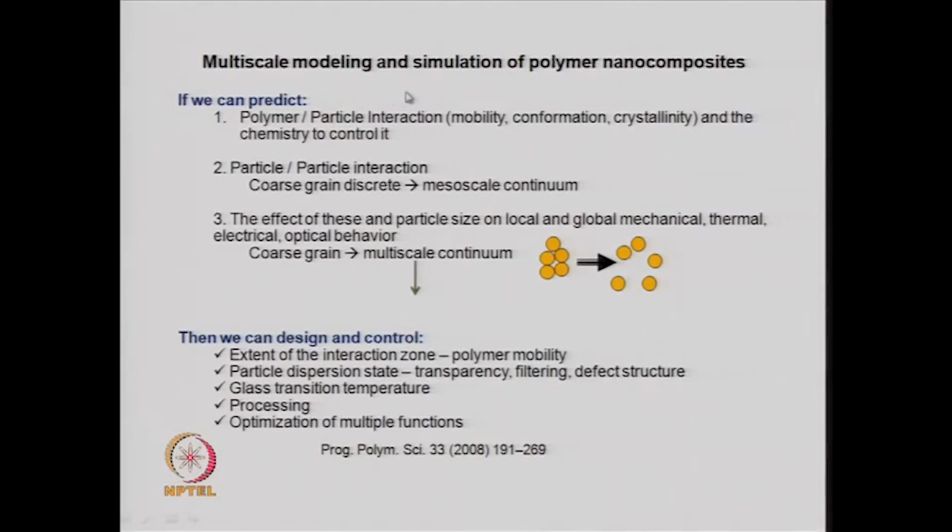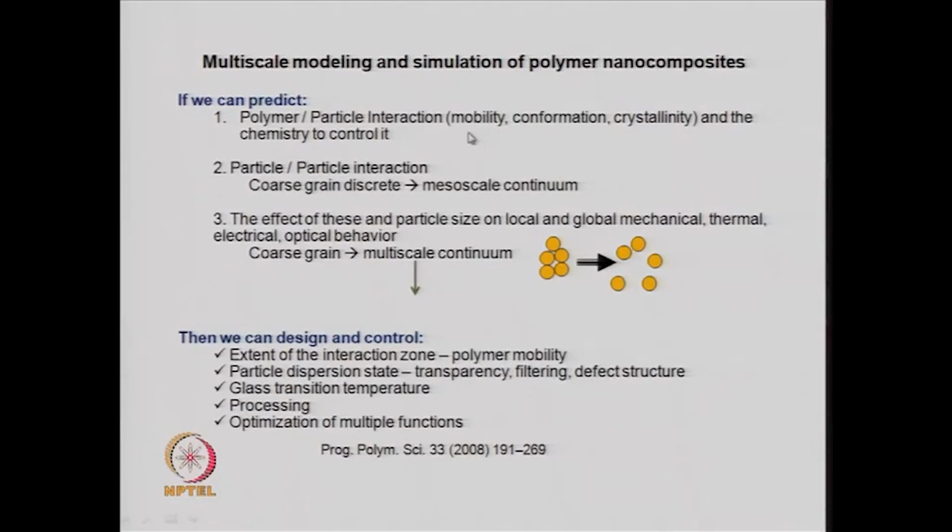So, in multi-scale modeling and simulation, what can be predicted if one does multi-scale modeling of polymer nanocomposites? You can try to understand the mobility after understanding the interactions between the particle and polymer. So, there are polymer chains and there are particles, and you try to understand the interaction.